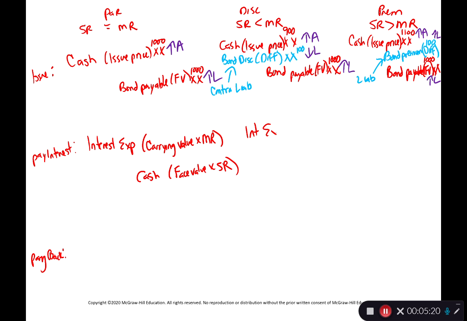We're going to debit interest expense, carrying value times market rate. We're going to credit cash for the face value times the stated rate. Put in my little X's to correspond with numbers.